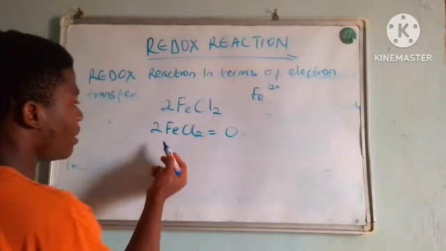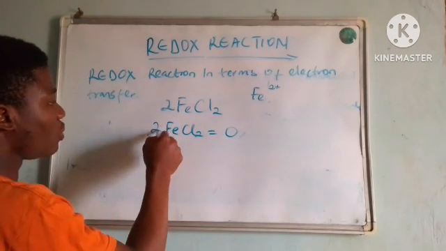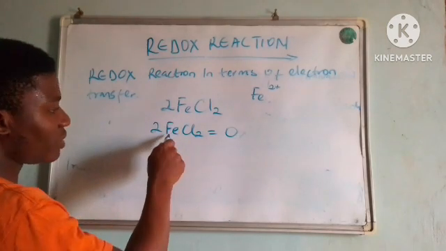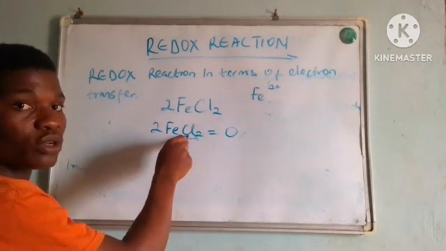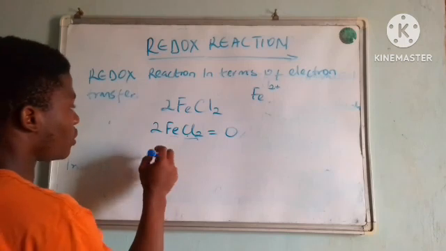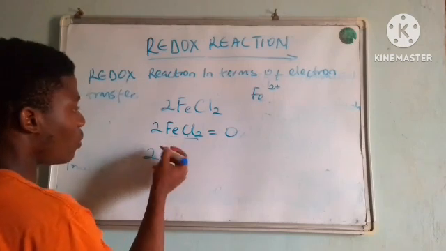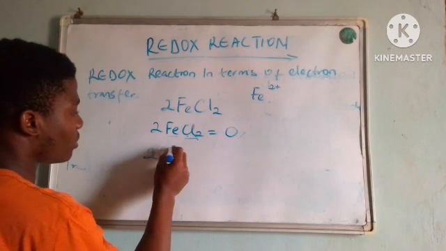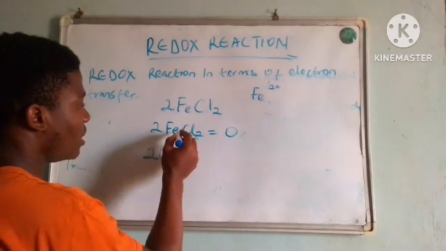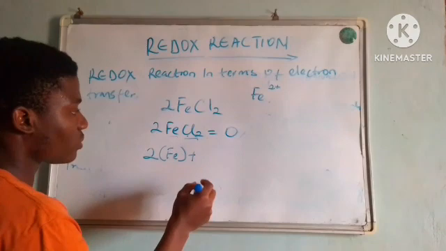Then remember also that these two will multiply this and this, whereas these two will multiply only chlorine. So in solving this, we now say 2 times, we are looking for iron, Fe. Then there will be an addition plus.